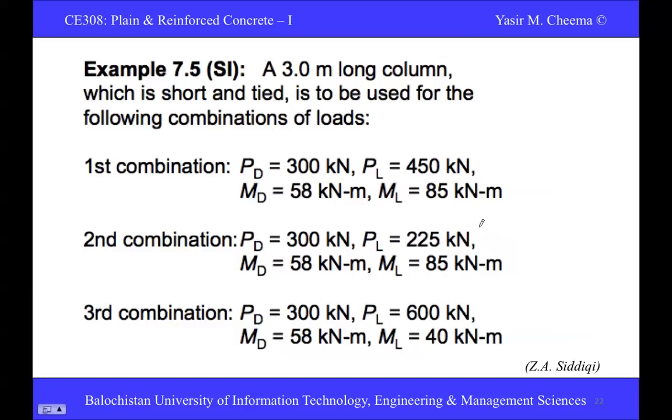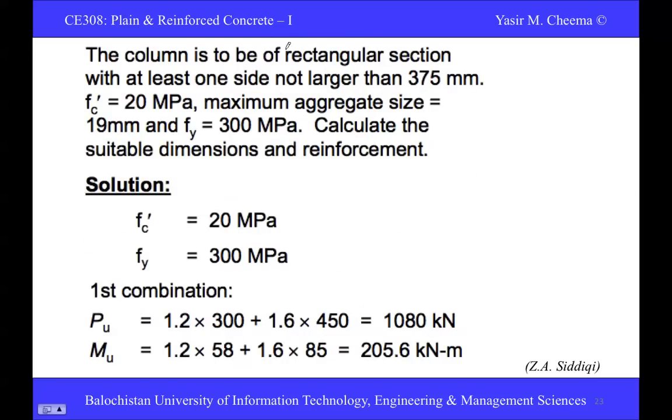These are dead loads and live loads, and moments are given respectively. So we have to design a column to take these three loads. The column is to be a rectangular section, so it is recommended that the column must be a rectangular section.